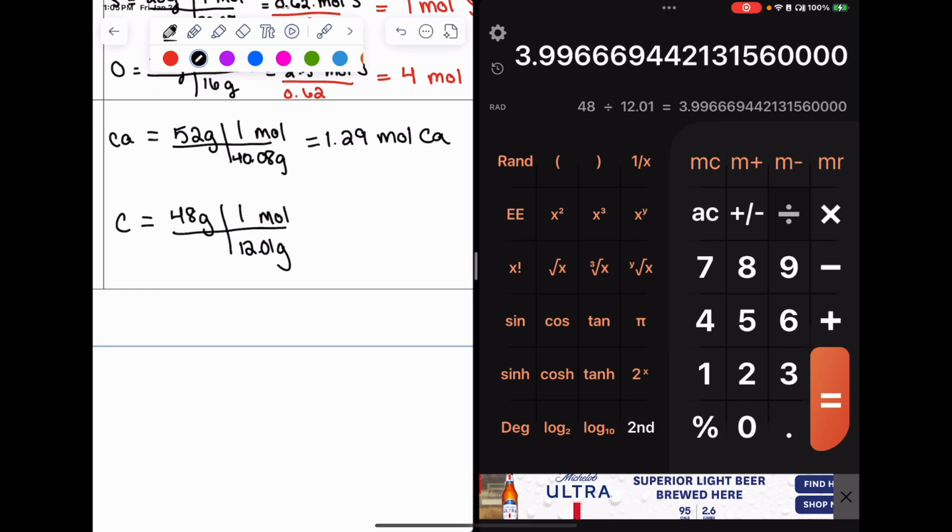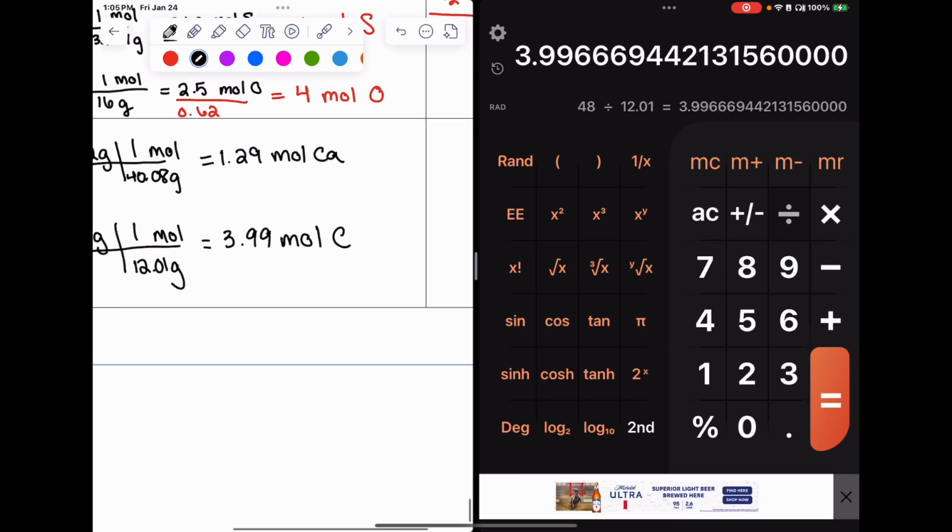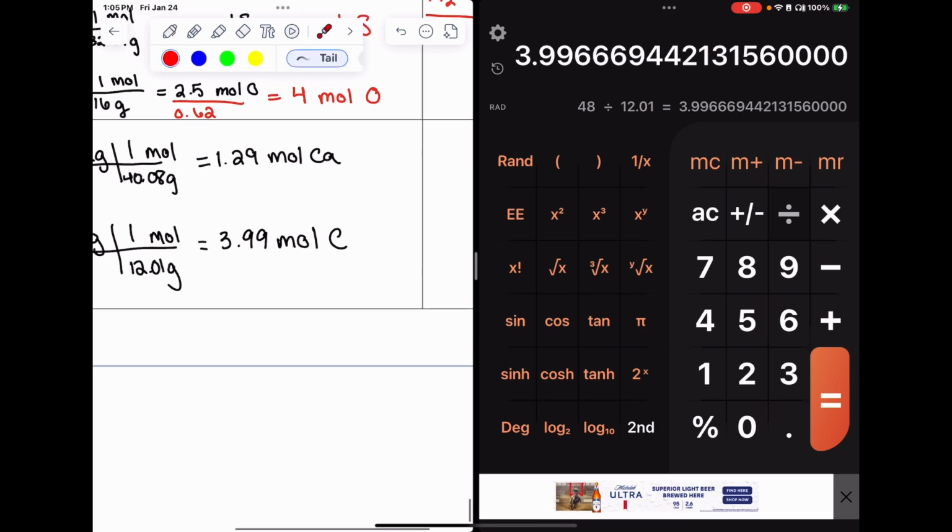Which is 3.99 moles of carbon. Now, choosing which one is the least. Here, calcium is the lower of the two.